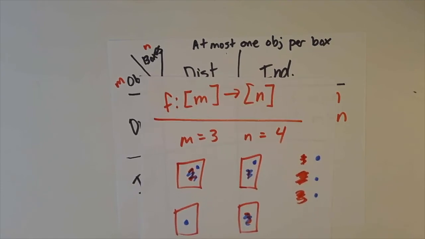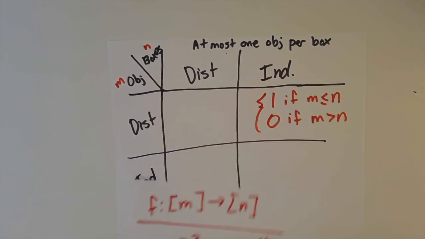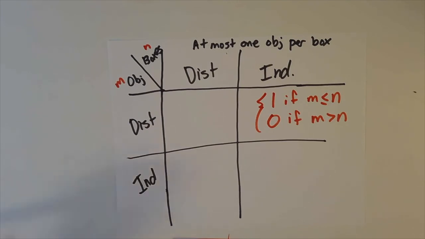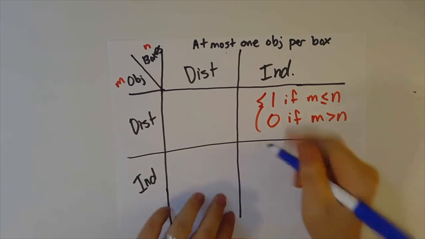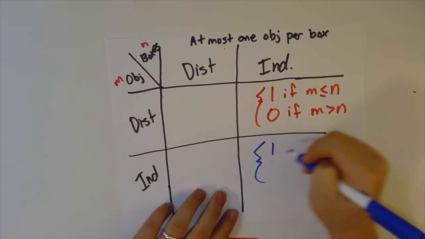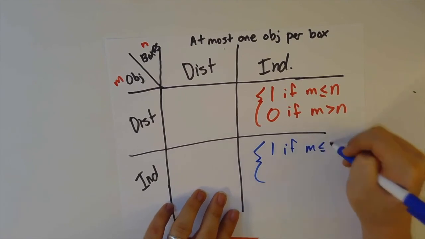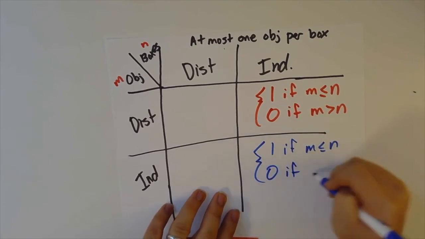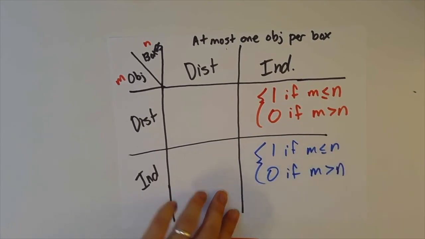And otherwise, it's impossible and there's 0. Okay, and so, in fact, literally, the answer here is exactly the same. Namely, it is this. It is 1 if m is less than or equal to n, and 0 if m is greater than n.